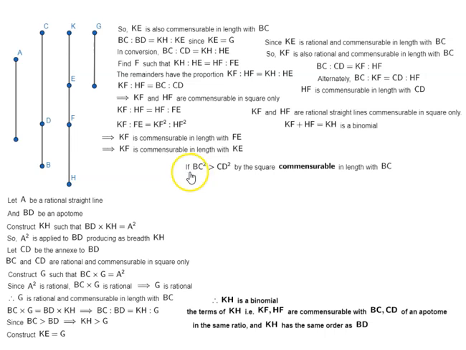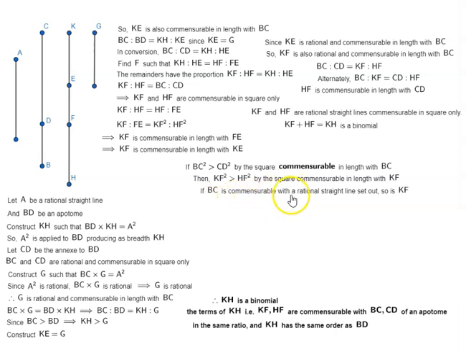So now let's see. If BC square is greater than CD square by the square of a line commensurable in length with BC, see, it could be either commensurable or incommensurable, so let's say commensurable in length with BC. Then because of this proportionality, KF square is also greater than HF square by the square of a line commensurable in length with KF.